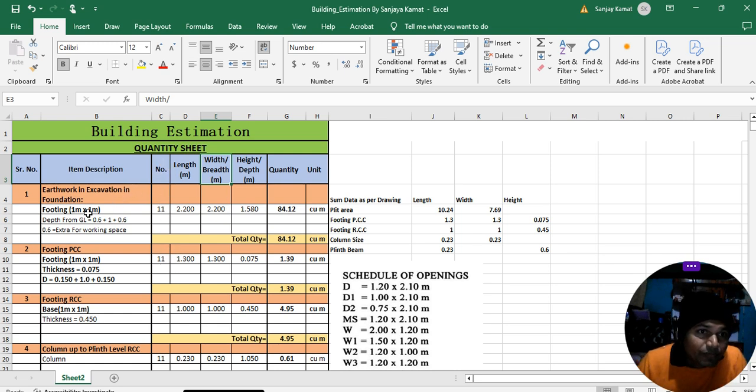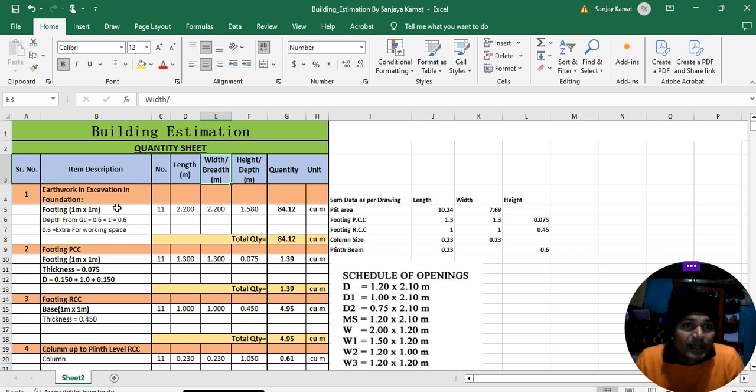So footing, now we are taking a footing of 1 meter by 1 meter. See how many footings we are going to provide: 11. The footing number is 11. That footing length should be how much? 2.200 meter.